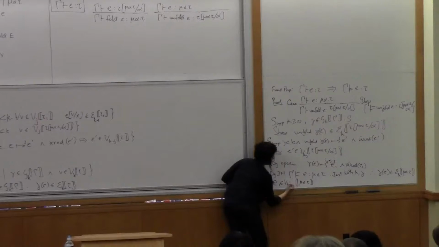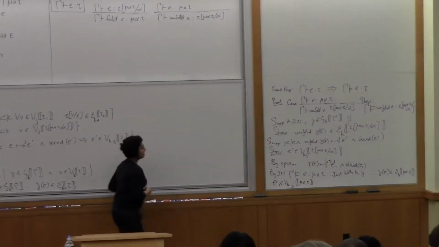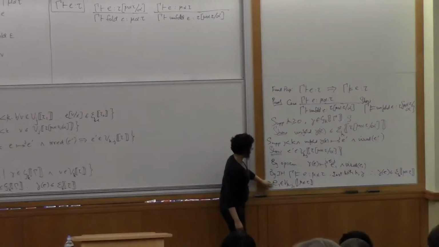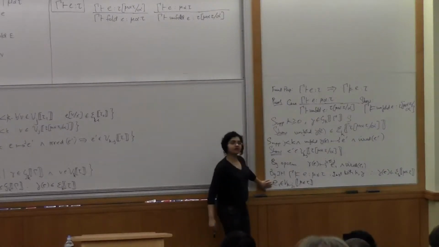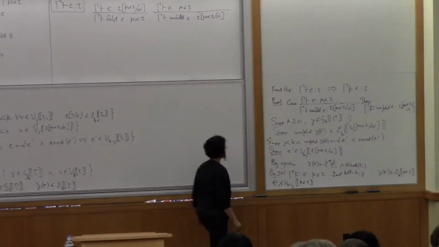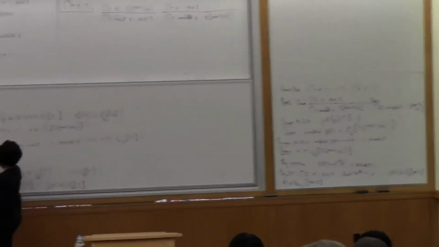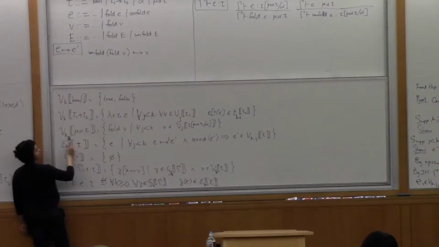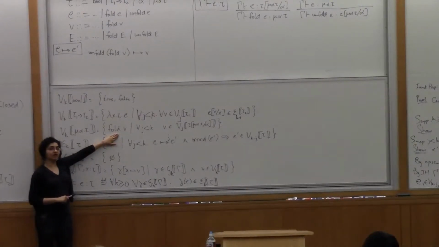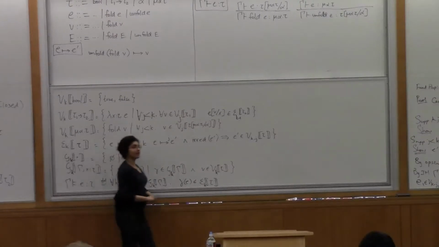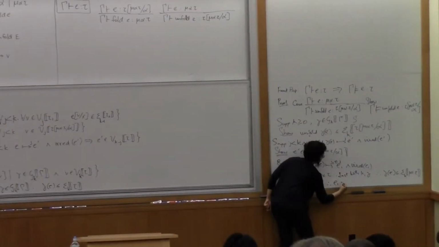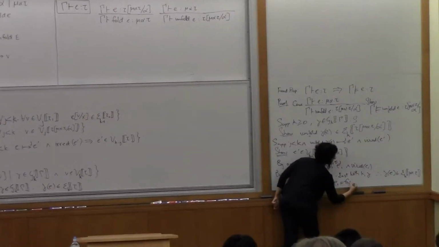So basically we know that this is a value. If something belongs to V of mu alpha tau, that something has to be a fold. So it must be the case that E1 has the form, let's call it fold V1.